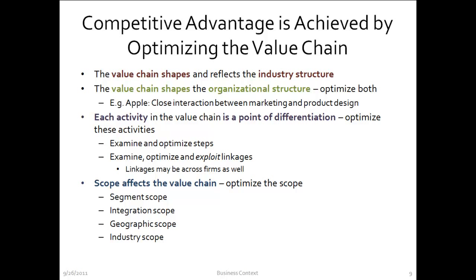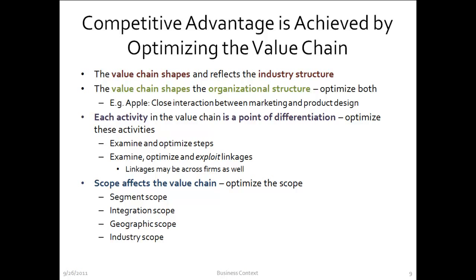If you think about it and take a look at the fast food industry, Burger King, McDonald's, Wendy's, Arby's, they all sort of sell the same way. They sell similar products. They source from the same suppliers, things like that. So the value chain essentially reflects the industry structure. However, internally, depending upon how a firm would want to compete, it shapes the organizational structure.